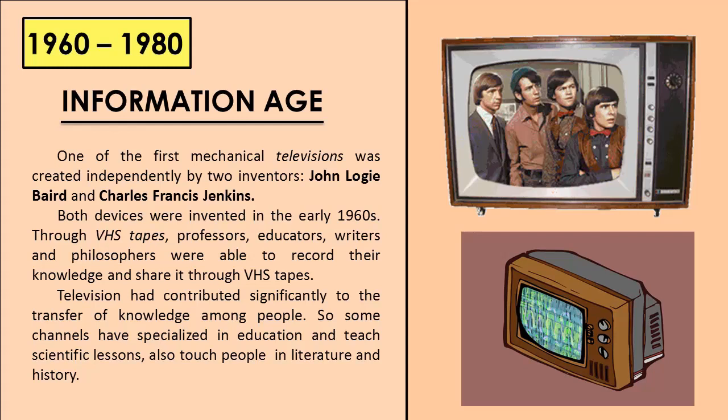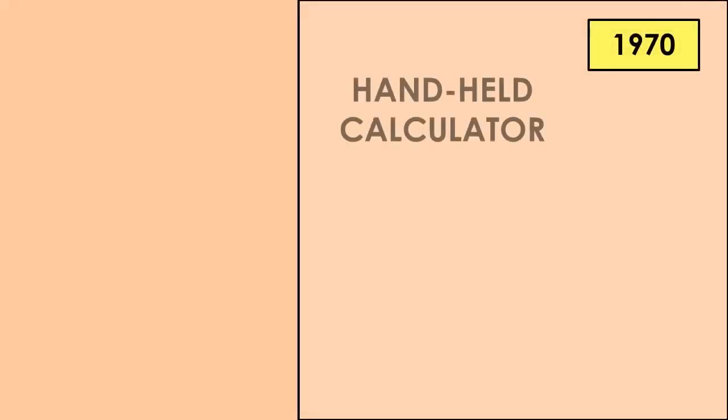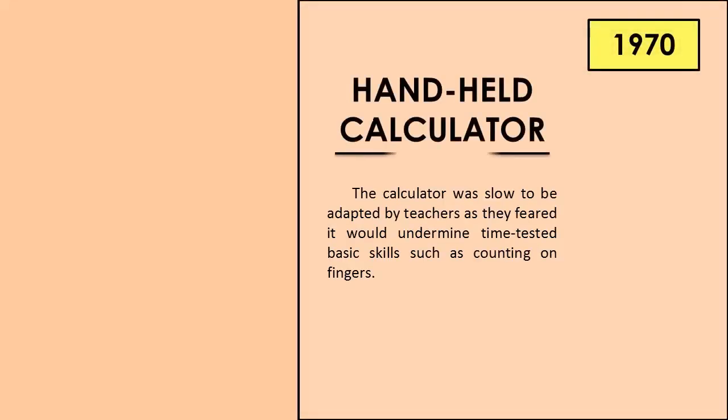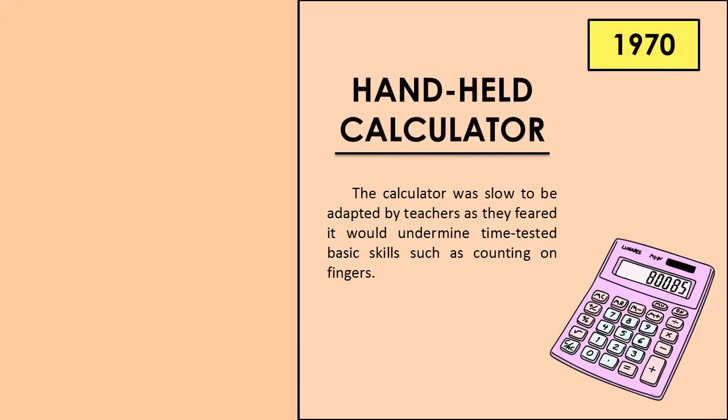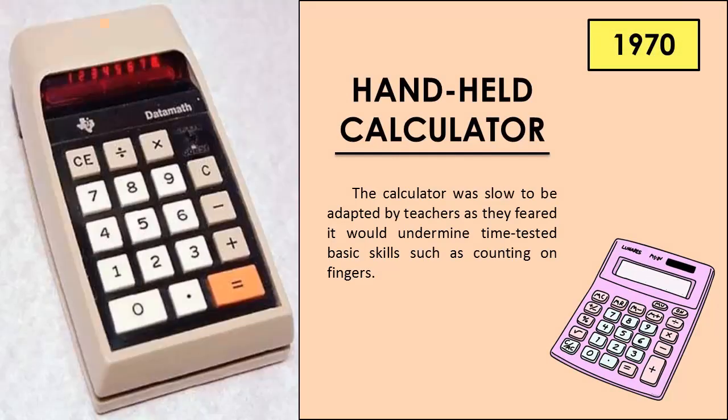Television had contributed significantly to the transfer of knowledge among people. Some channels have specialized in education and teach scientific lessons, and also touch people in literature and history. 1970. Handheld calculator. The calculator was slow to be adopted by teachers as they feared it would undermine time-tested basic skills such as counting on fingers.